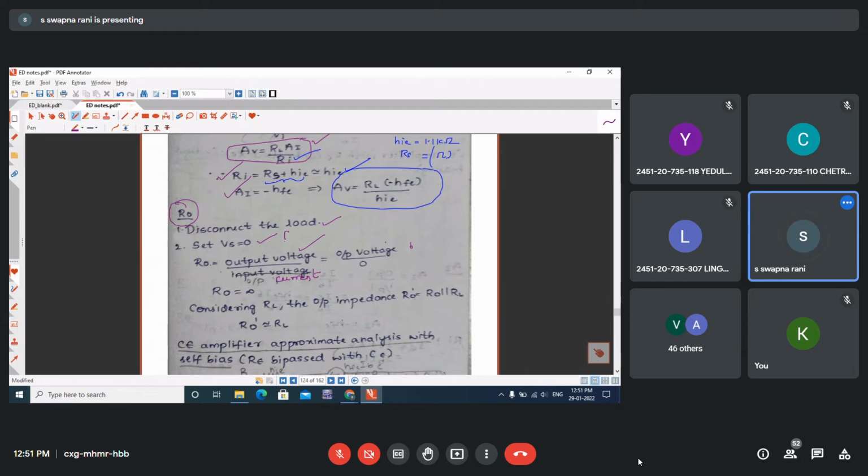So when you set Vs equal to 0, there is no input current IB. When the input source is 0, the input current will be 0. So when the input current is 0, IC, which is hfe into IB, is 0. Therefore, the output current is 0 and R naught will be infinite.